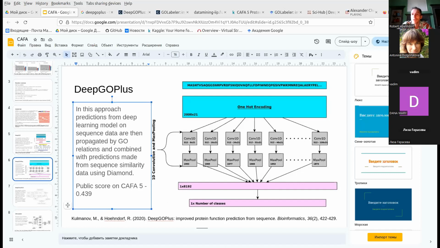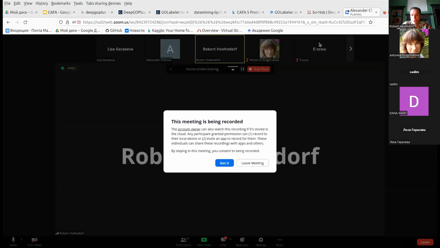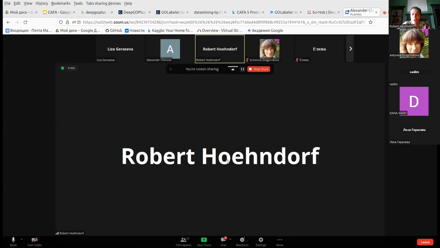But now we are using DeepGo Zero, our latest model. It has some hierarchical classification, and we are currently using it as our baseline model. It gives around 0.6 in CAFA 5 after some tuning.